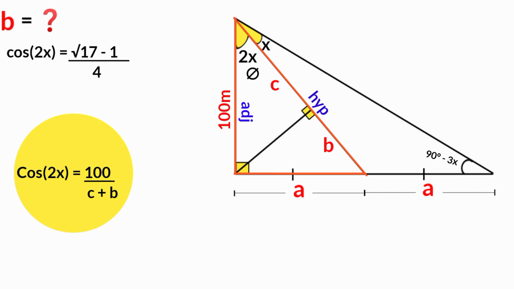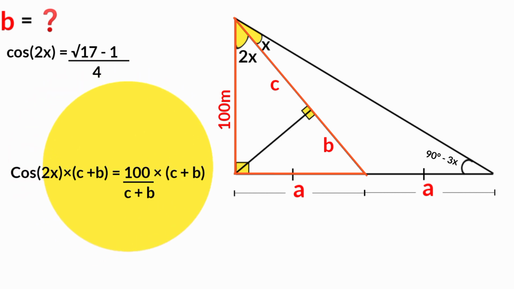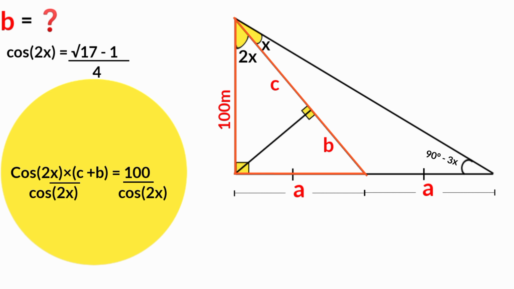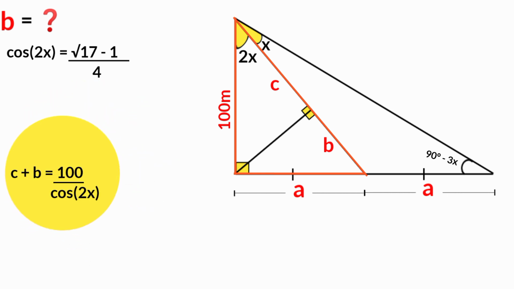So cos 2x equal to 100 over c plus b. Multiply both sides by c plus b. Here c plus b cancels c plus b. And divide both sides by cos 2x. Here cos 2x cancels cos 2x. So c plus b equal to 100 over cos 2x.